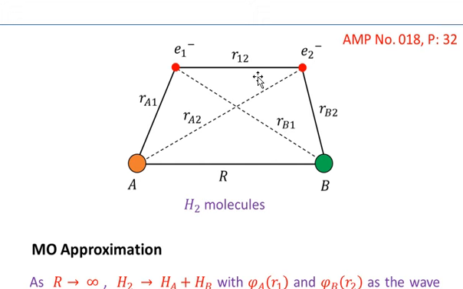There will be a repulsive force between the two electrons, and the distance between them is R12. Similarly, there could be a repulsive force between the two nuclei, and the distance is capital R. Here we are again assuming that R is fixed, on the same basis as we used in lecture number 2. So this is the general picture of the hydrogen molecule.